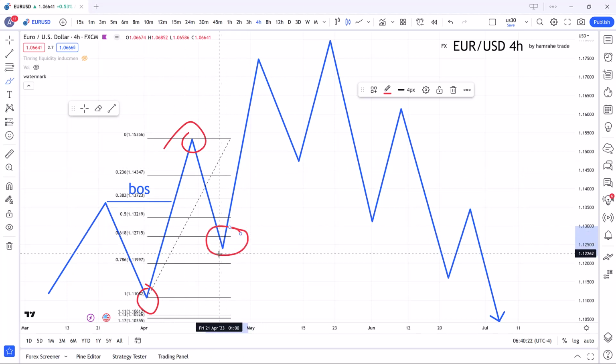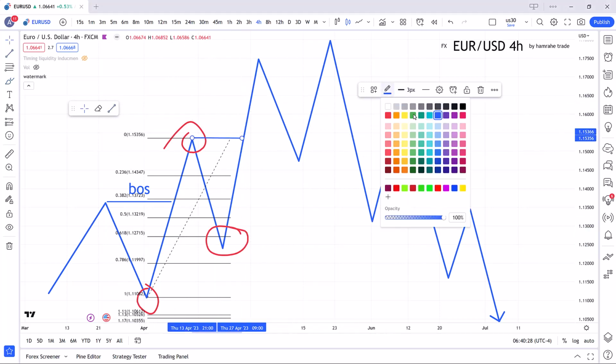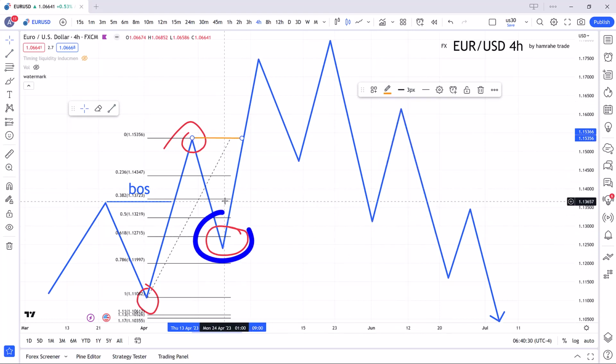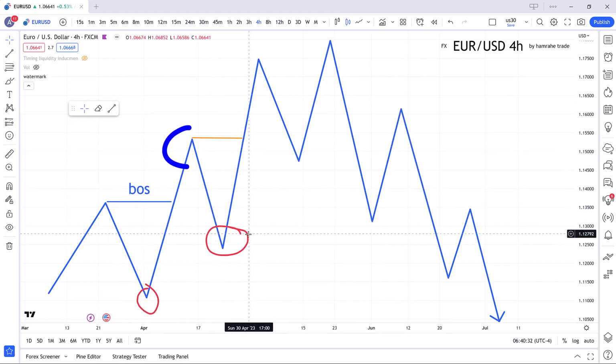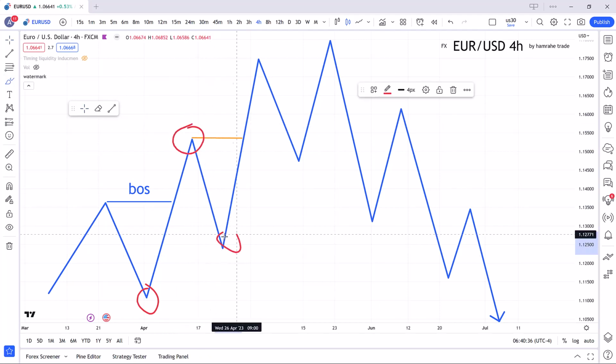Anyway, so again, the last primary structure is going to be from this high to this low, our last obvious high and low when this movement starts. So it is our primary structure.